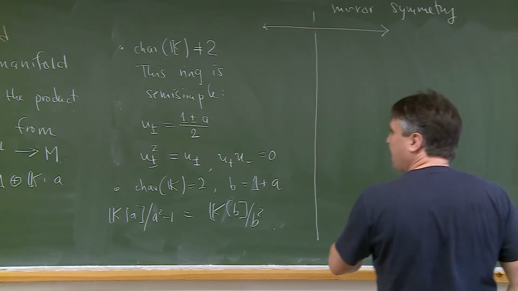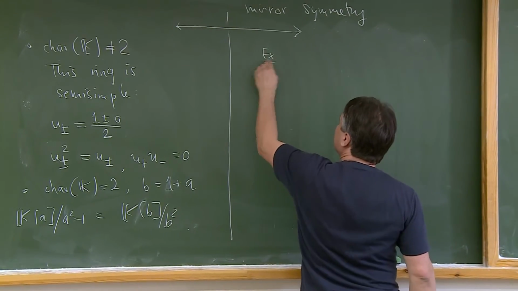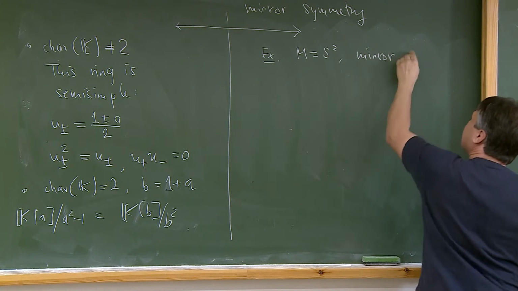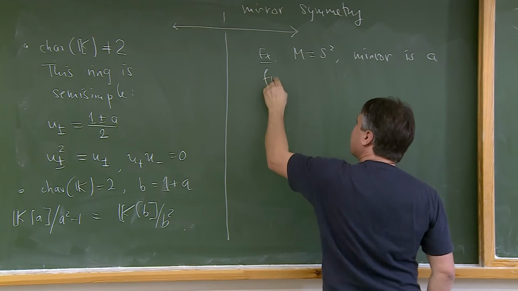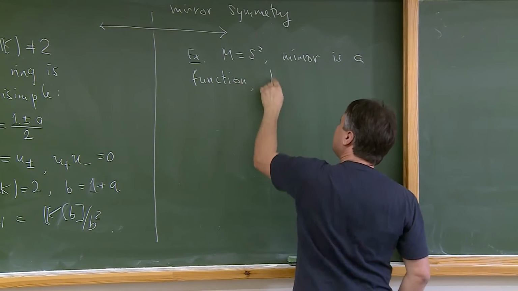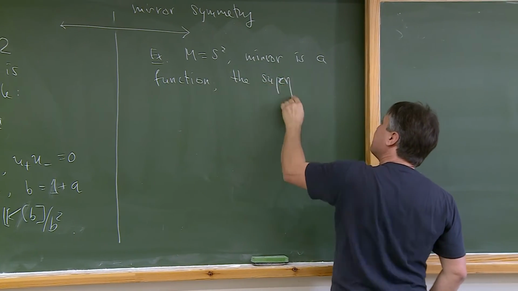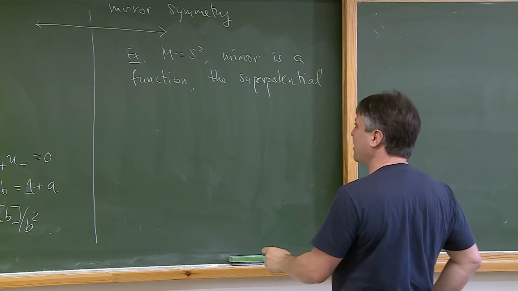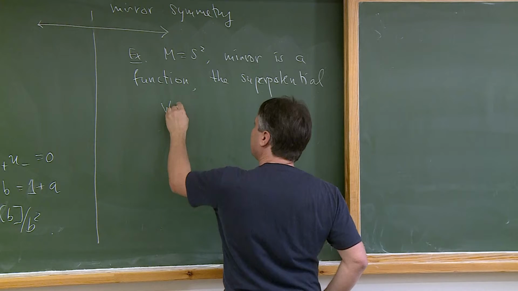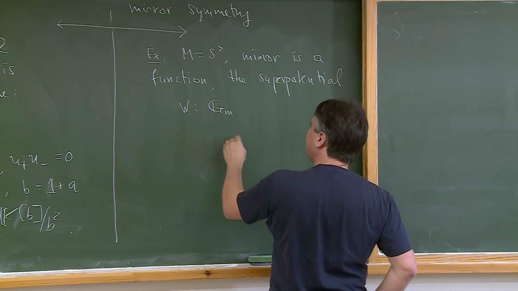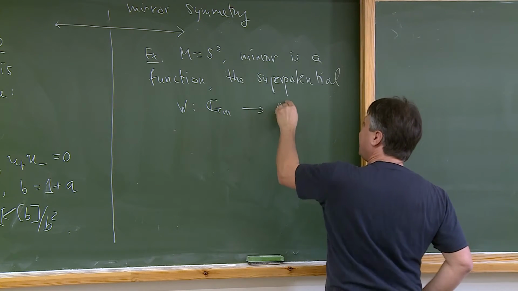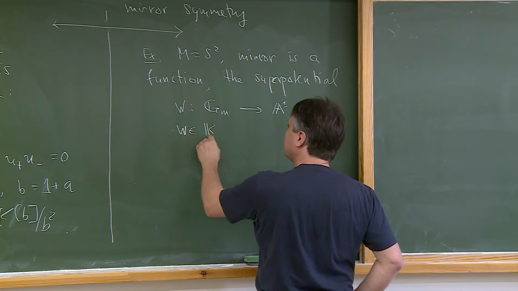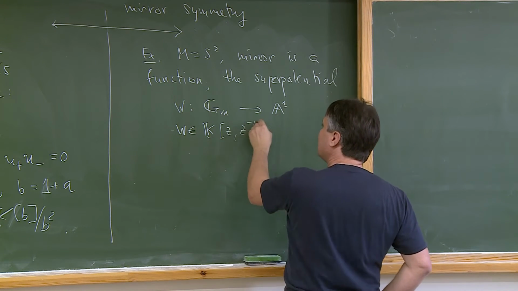So, mirror symmetry. If we take this S2, the mirror is a function, the superpotential, which is not particularly instructive because so many things in physics are called superpotentials. So W, okay, it's a function from Gm to the affine line, or in other words, it's a Laurent polynomial, in this case in 1 variable.